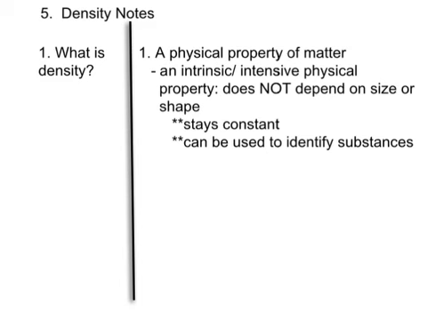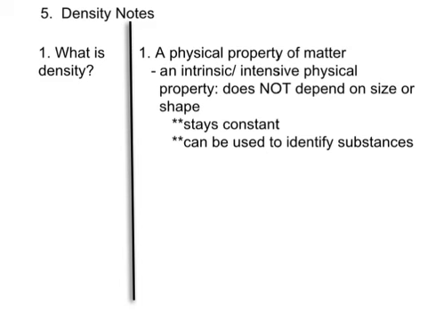The density for gold is different than the density of water, which is different than the density of carbon dioxide, different than the density of silver. Every single substance on Earth has a different density. Some might be very similar or close, but they will have different densities, so that if you had an unknown substance, you could figure out what that substance is by measuring its density.